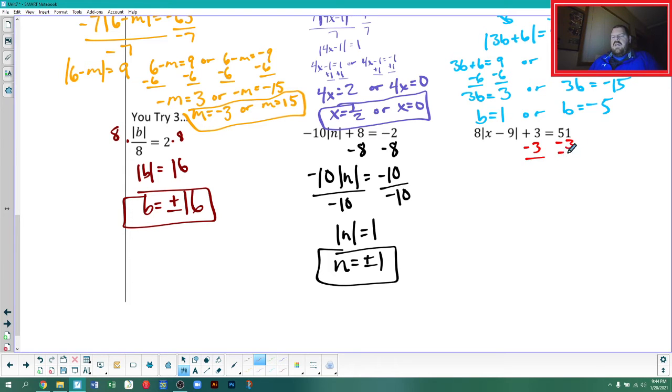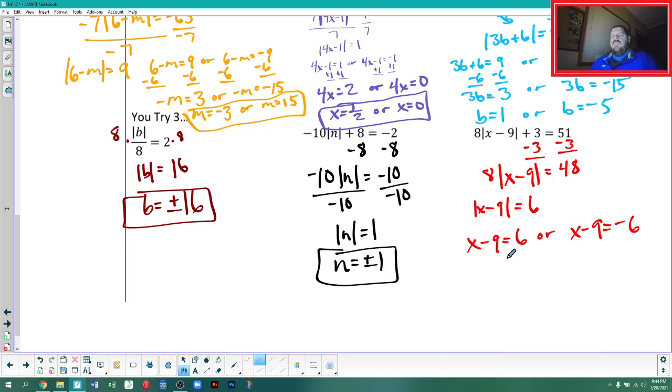Subtracting 3 on both sides. 8 times the absolute value of x minus 9 equals 48. When I divide by 8 on both sides, I get x minus 9 equals 6. And so x minus 9 equals 6, or x minus 9 equals negative 6.